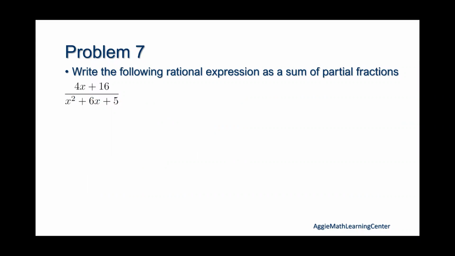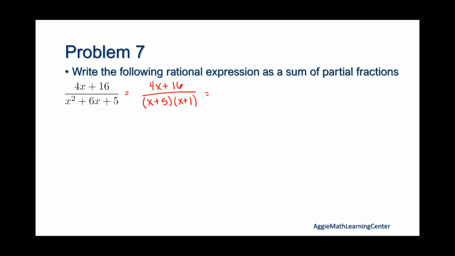So the first thing we want to do is factor the denominator. We'll leave the numerator the same for right now. The denominator can factor into x plus 5 and x plus 1. So now that we know the factors of the denominator, this is when we set up our separate fractions with different constants on top.